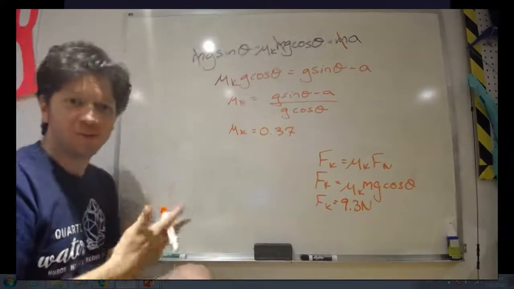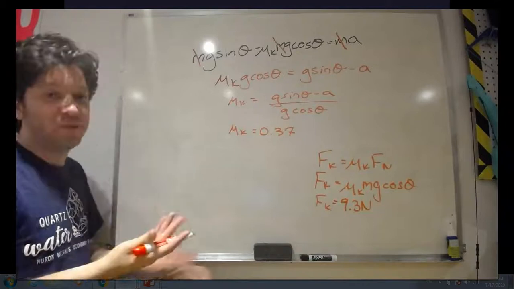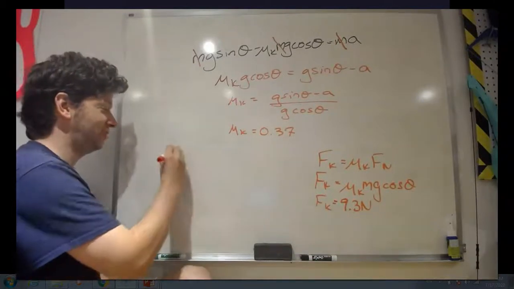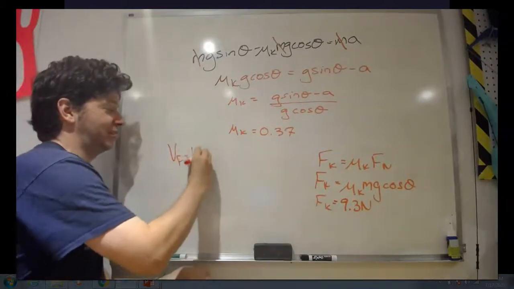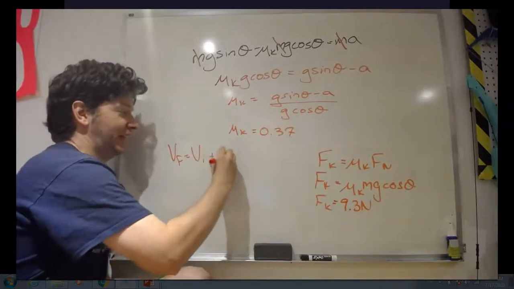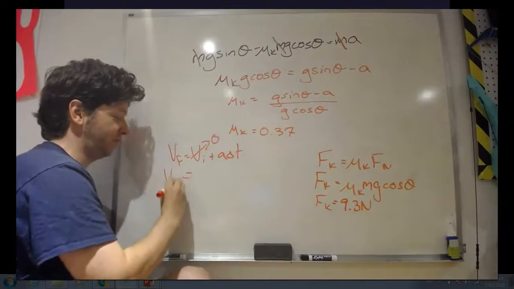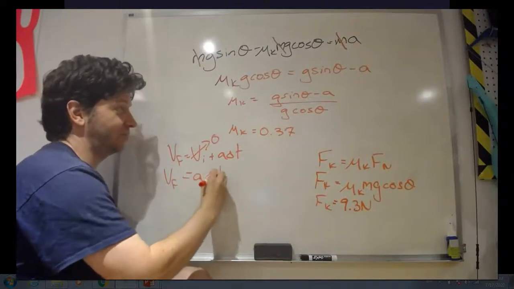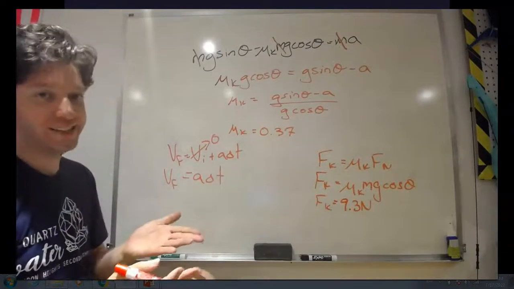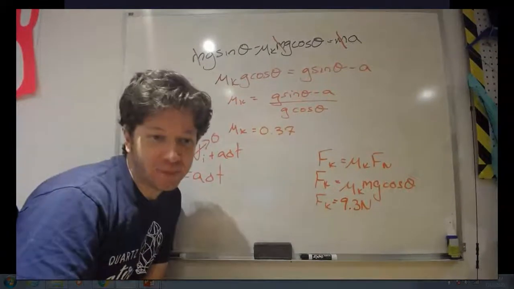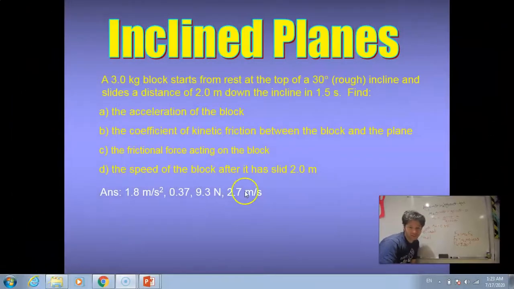Of course, except for the one that doesn't have final velocity. Then what would you solve for? So let me just write final velocity equals initial velocity plus a delta t. Initial velocity is 0, and so final velocity is just acceleration times time. That's it. And in the PowerPoint, I have the answer for you. It's 2.7 meters per second.